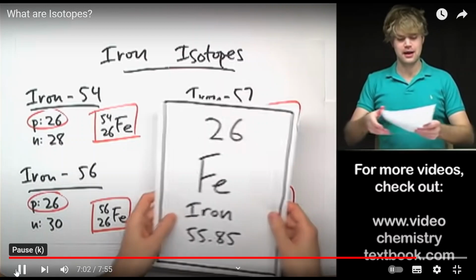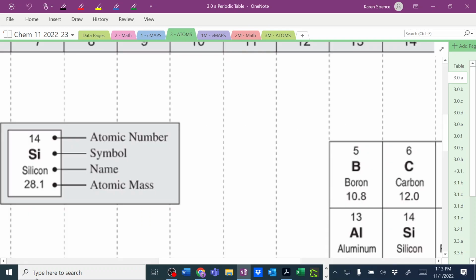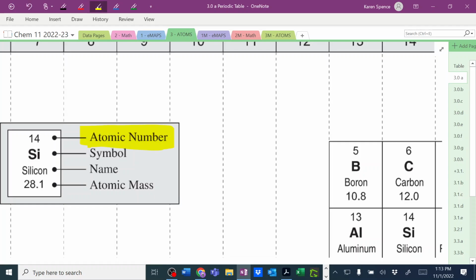Now let's go look at our periodic table for a moment. All right. So now on our periodic table, you can see that we have the atomic number. Is there a mass number on the periodic table? There's no mass number.